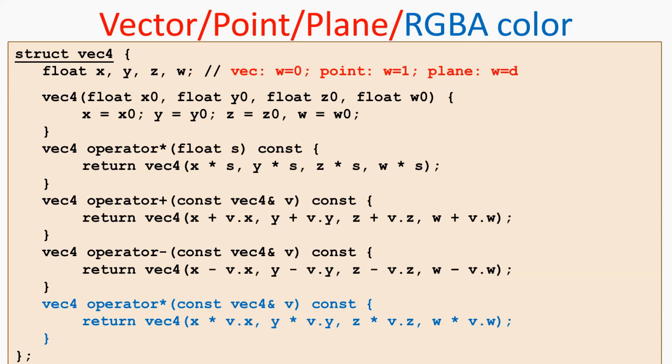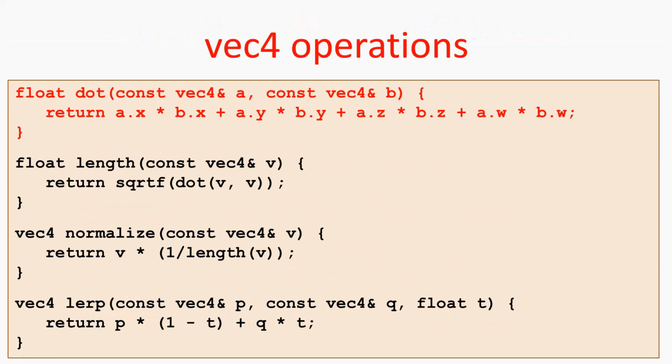Different wavelengths can be handled independently in color computation. We will learn why it has deep roots in physics. In addition to these basic operations, we will have the dot product, which is responsible for introducing lengths and angles.